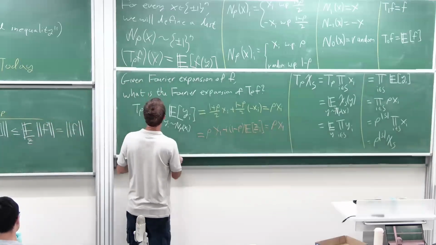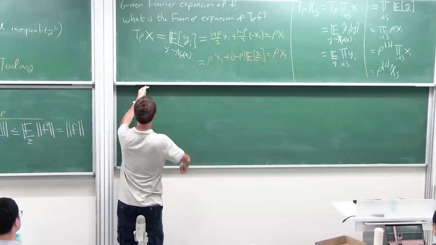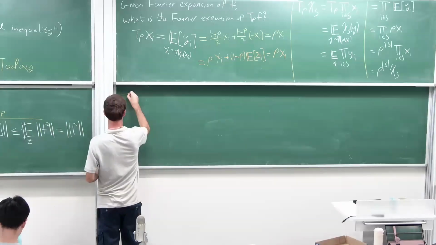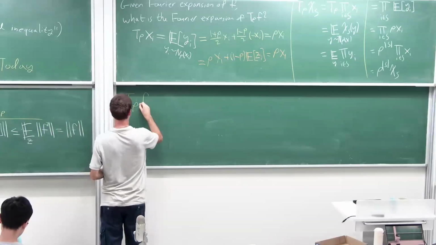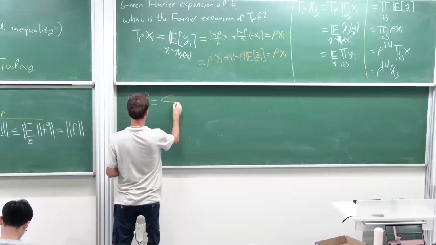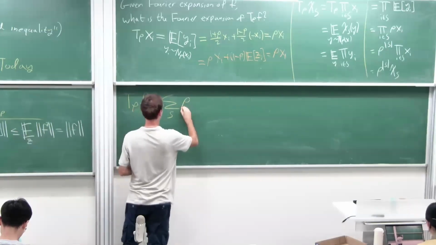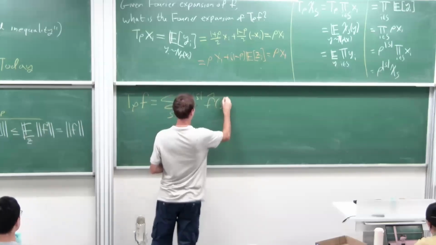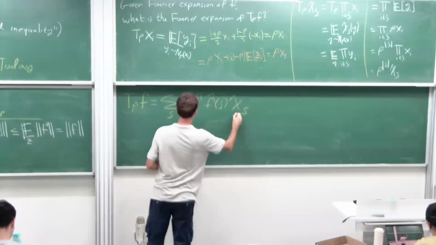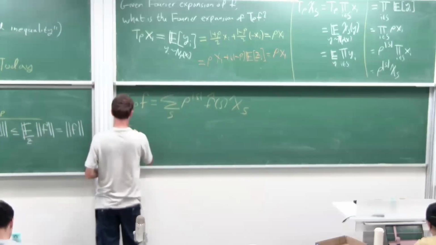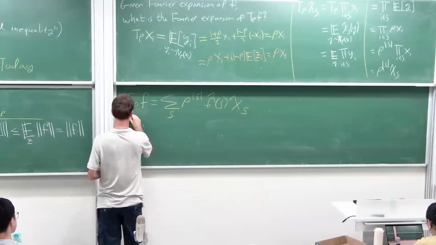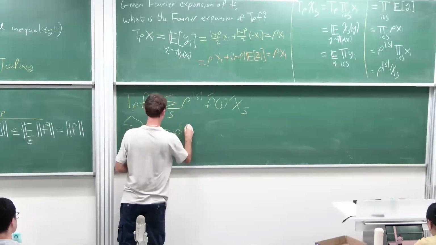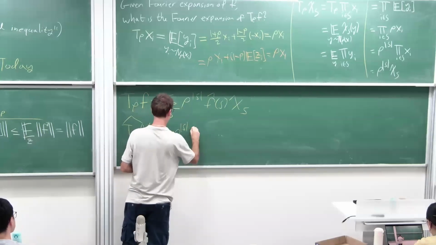And this means that T_rho of f is the sum over S of rho to the |S| times f hat of S times chi_S. In other words, if you look at the Fourier expansion of f, the coefficient at S is rho to the |S| times f hat of S.